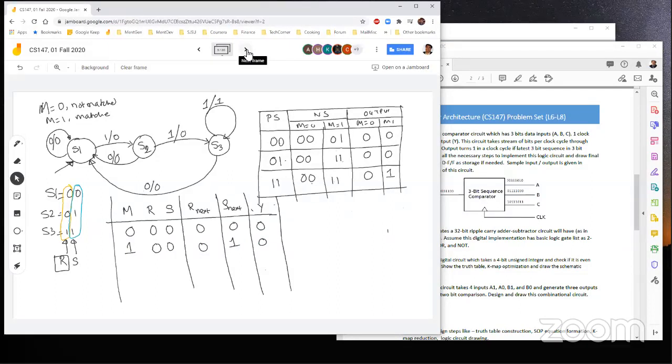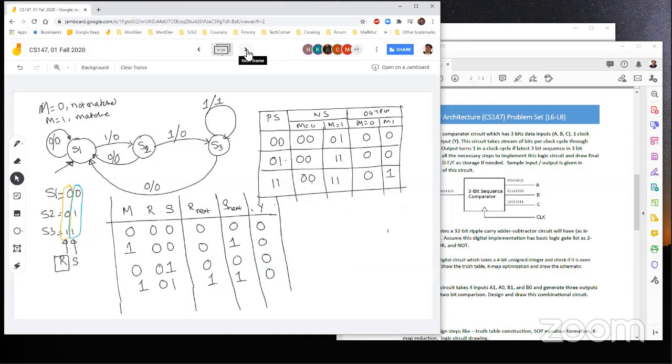Now from current state 0, 1 with M0, I have next state as 0, 0 and output 0. And then with current state 0, 1 with input M1, I have next state as 1, 1 and output 0.